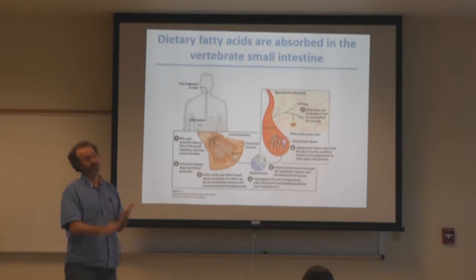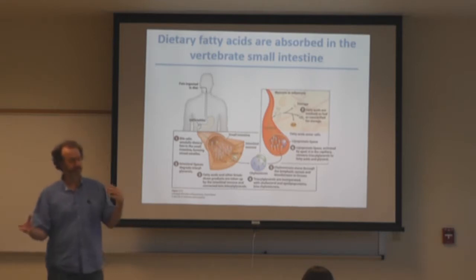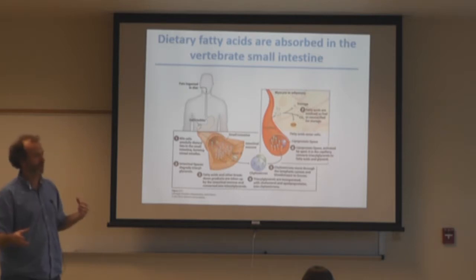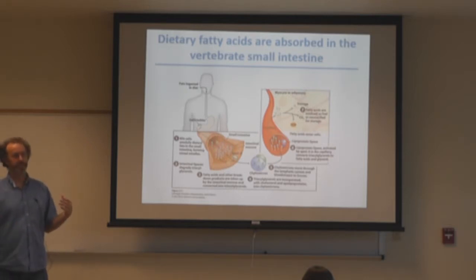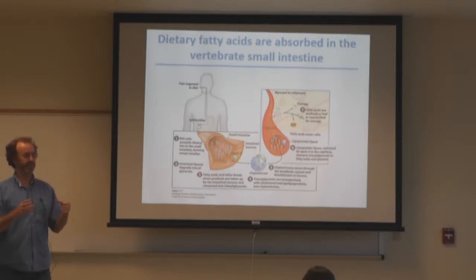Yeah, so bile salts are secreted from the gallbladder, and they're there to emulsify the lipids that you've eaten. So they emulsify it, and that also puts them in contact with what? Emulsification? Yeah. That makes them available for those lipases.